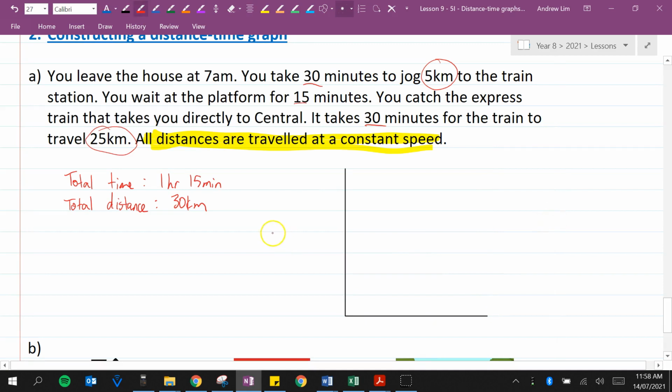So let's say here we've got our distance, which is kilometers. We've got our time here. So we can say our 5, 10, 15, 20, 25, 30. And I'm going to say this is distance from home.